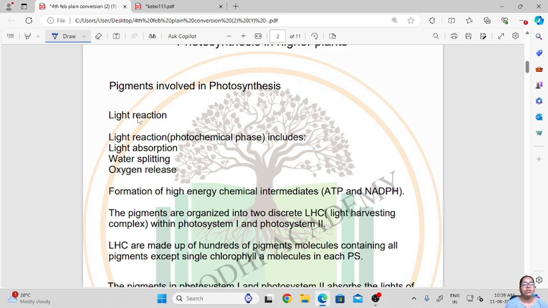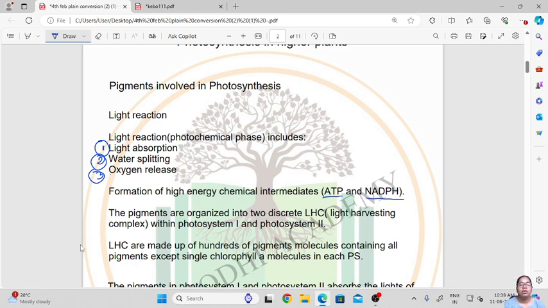The first part is the light reaction, that is the photochemical phase, and it includes light absorption as the first step, water splitting as the second step, and oxygen release as the third step. Also there is formation of high energy chemical intermediates, that is ATP and NADPH.